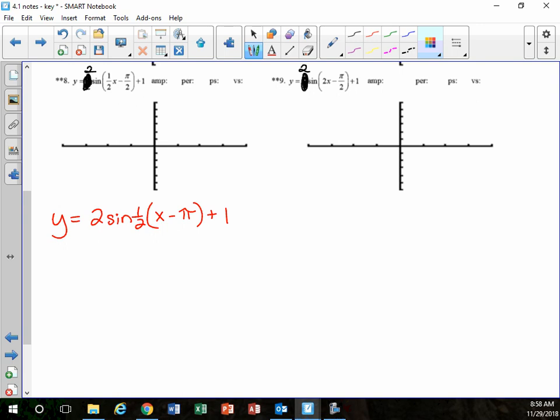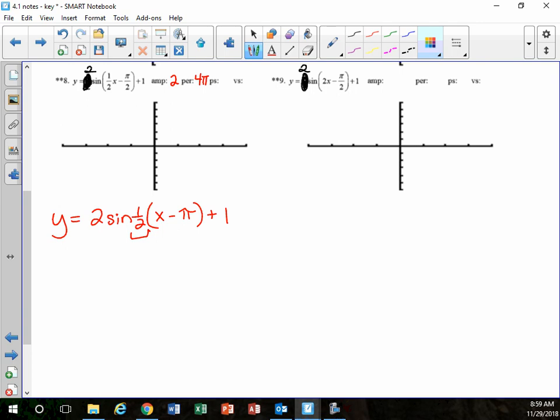All right, we have a lot happening here. We have an amplitude now of 2, right? What about the period? 4 pi, everybody okay with that? Because the b value is 1/2, right? That thing you factored out changes the period, yeah? Okay. The phase shift.